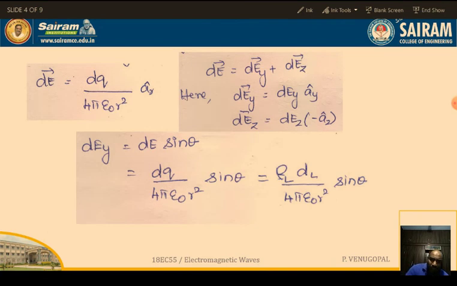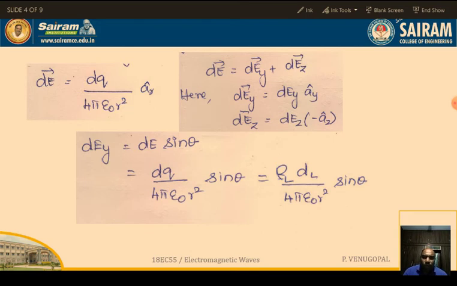So as I told you, dE is the electric field intensity which is required to be found at the point P due to the elementary charge dq located at the length dl. So dE can be written as dq divided by 4 pi epsilon naught r square into unit vector ar. Why are we writing ar? Because electric field intensity is a vector quantity. Therefore the vector form is vector dE equals dq by 4 pi epsilon naught r square into unit vector ar.